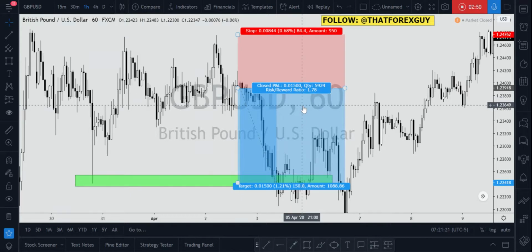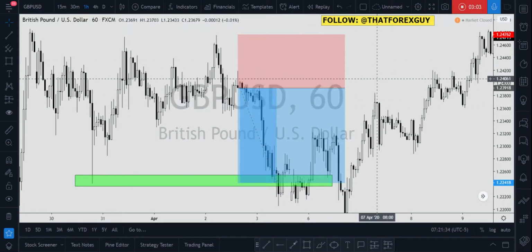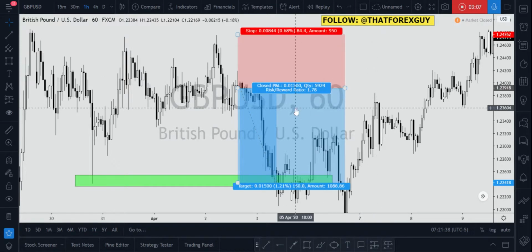So say we take two trades, regardless of that example, let's just say that we are almost at a 2-to-1. So every two trades that we lose, one trade that we win will make up for those two losses, if that makes sense.